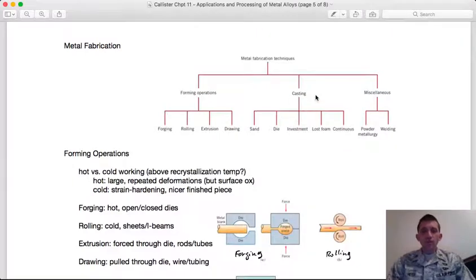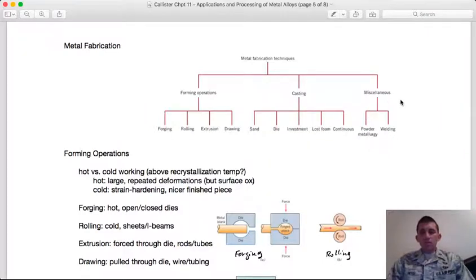If you have a brittle material, then you can't deform it, right? It's too hard. You'll get fractured. It's too brittle. And so if you want to form it or make it into a part, you've got to heat it up to a molten state and then pour that molten material into some sort of a mold, whether that's a sand mold or a die, or you can use a foam or investment casting.